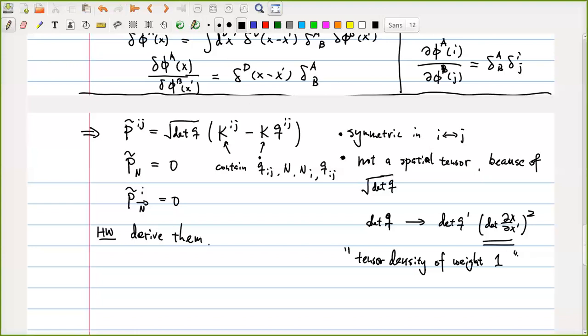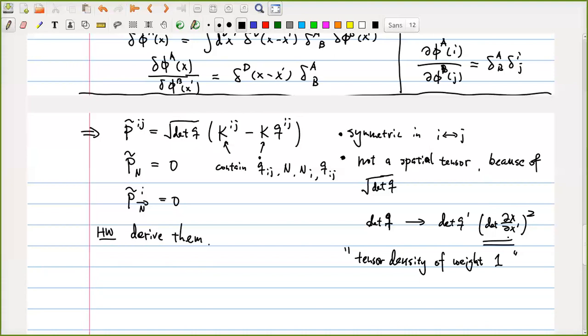You can view this tensor density as some sort of new quantity that transforms like a tensor, but not exactly as a tensor, because it transforms with an additional prefactor of the determinant of Jacobian. The rest transforms as a tensor, but because you have the square root of determinant Q as a prefactor, this quantity transforms in this way.